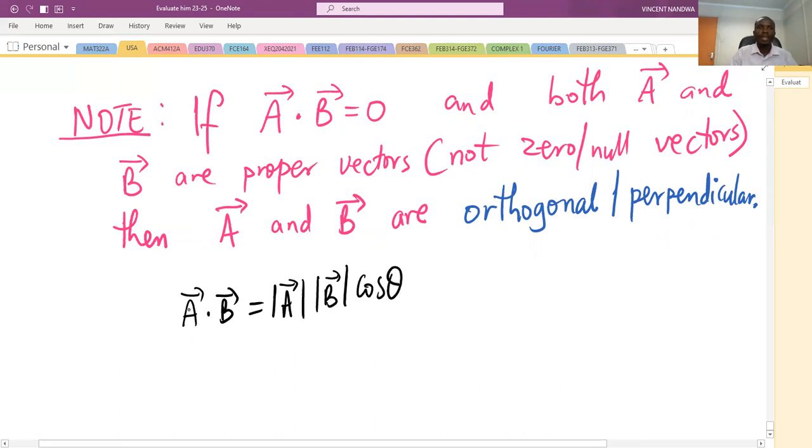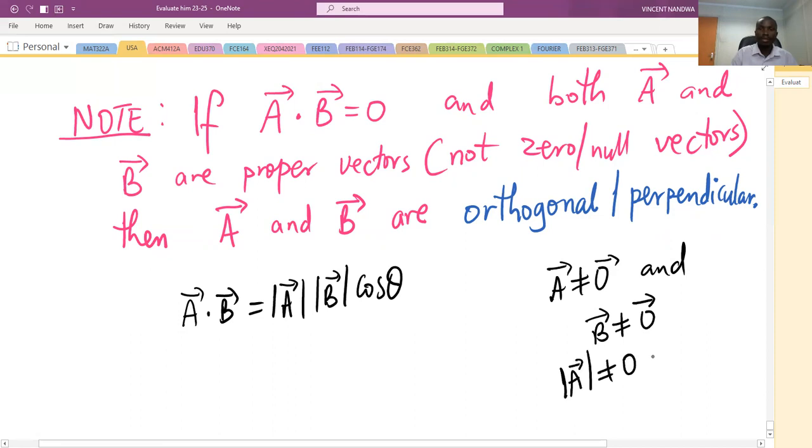So if you say that A is a non-zero vector and B is a non-zero vector, then what that means is that magnitude of A is not zero and magnitude of B is also not zero.